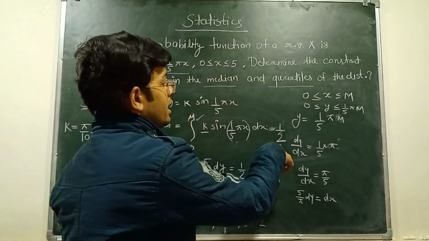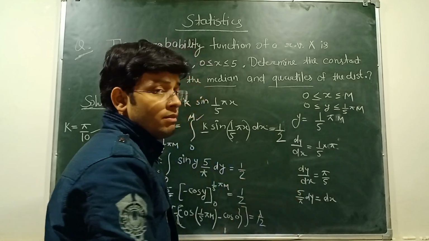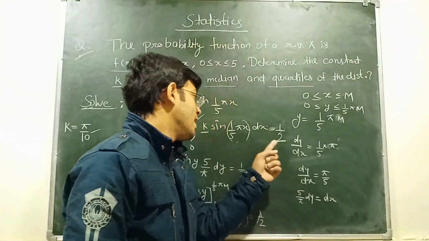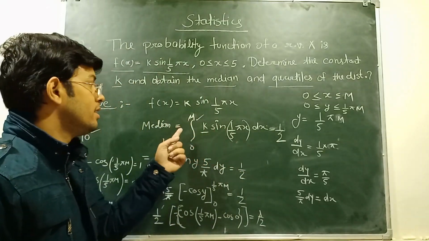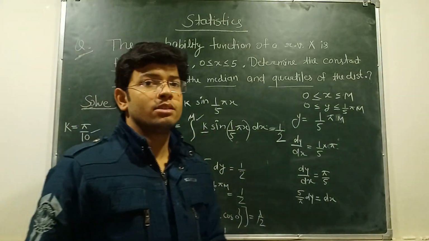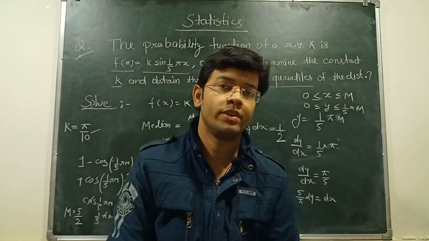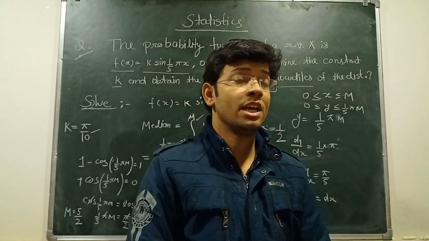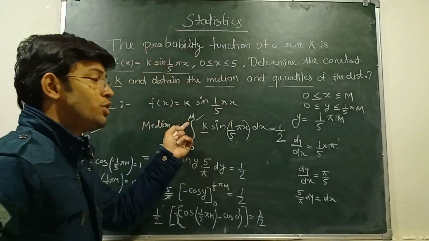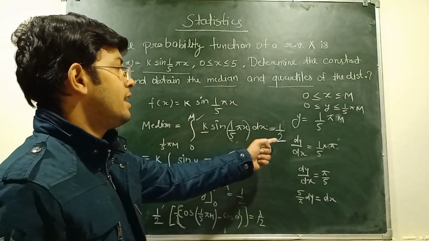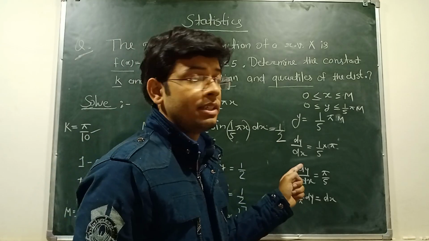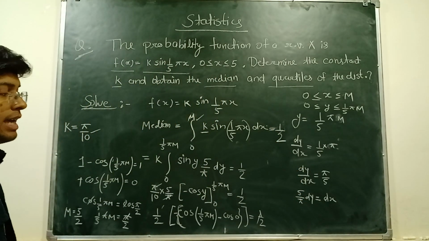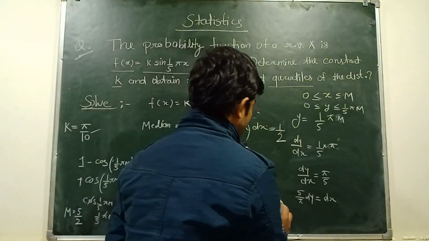So instead of 1 by 2 we write 1 by 4, and here is q1. In the case of q3, the third quartile, we have to write q3 and here 3 by 4. So how to calculate it in a fast way?